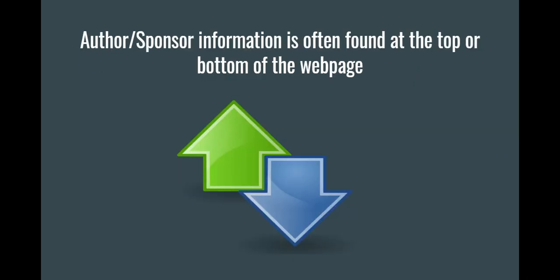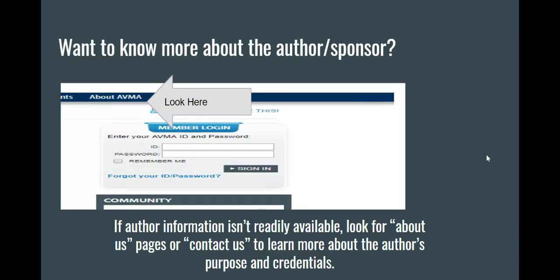And where can you find that information? Often it's at the top or the bottom of the page. Another place you might want to look is where it says about or about us. You often will find a lot of information about the author. You'll find out who they are and why they're qualified. And usually, if they're credible, they'll offer that information up very easily.